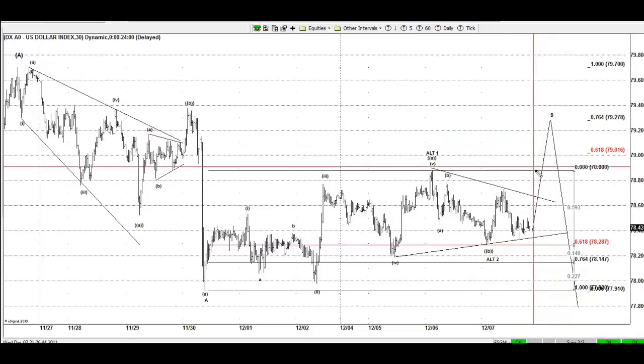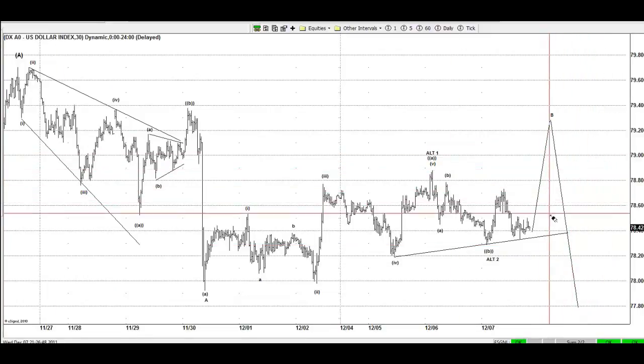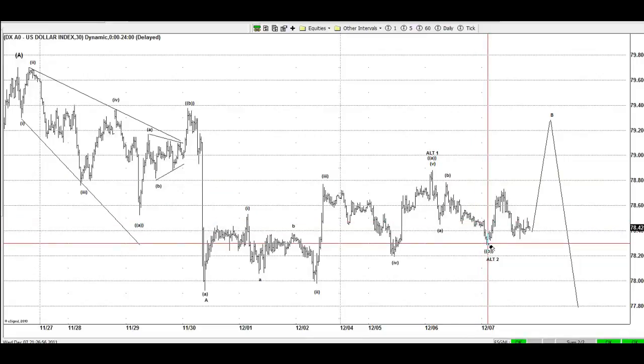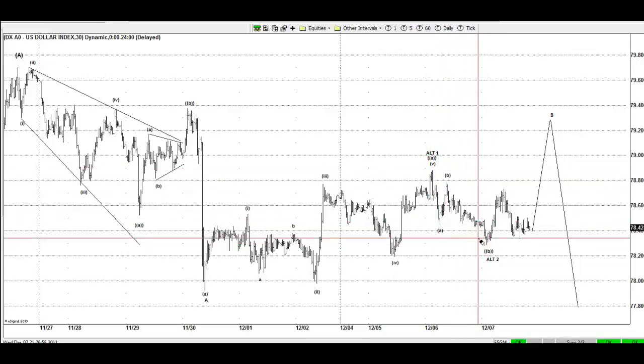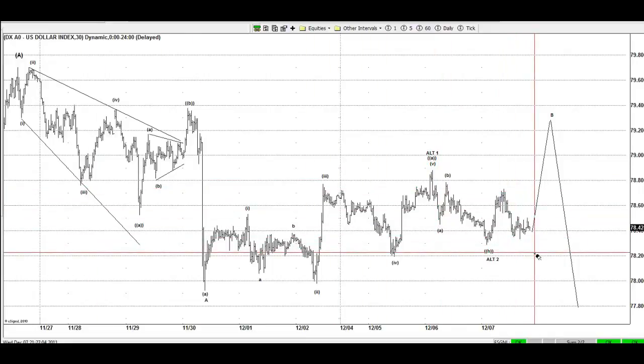Now, which alternative do we have on the dollar? Let's start with the alternative. From here, which is the 78.88 area, you need 3 waves. You have a 3-wave move right here, or you have A, B, and we're going down in the C now.